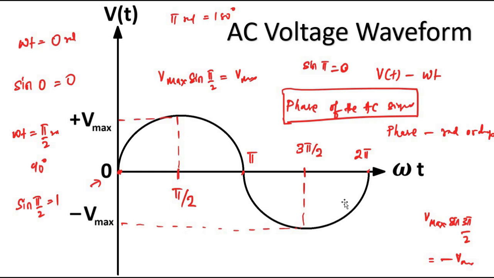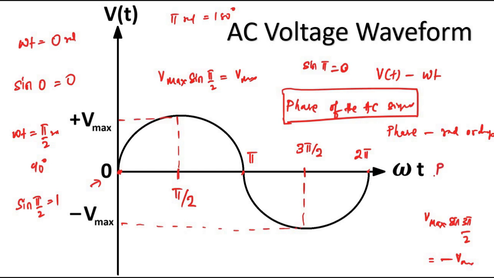When we say phase of a voltage signal or AC current signal, it is the particular value which is drawn with respect to omega t, not t, omega t, the phase angle. So at what particular angle, what is the instantaneous value of the signal? This signifies the phase.